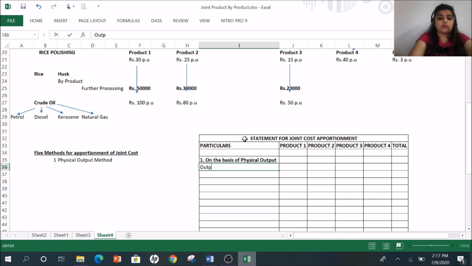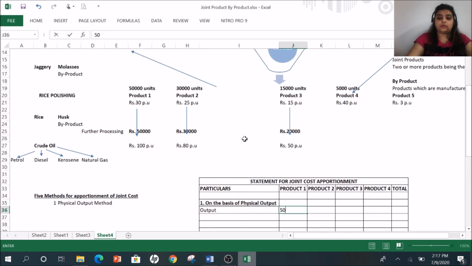So what is our output? Our output for product A is 50,000 units, for product 2 is 30,000, for product 3 it is 15,000, and for product 4 it is 5,000. A total of 1 lakh.